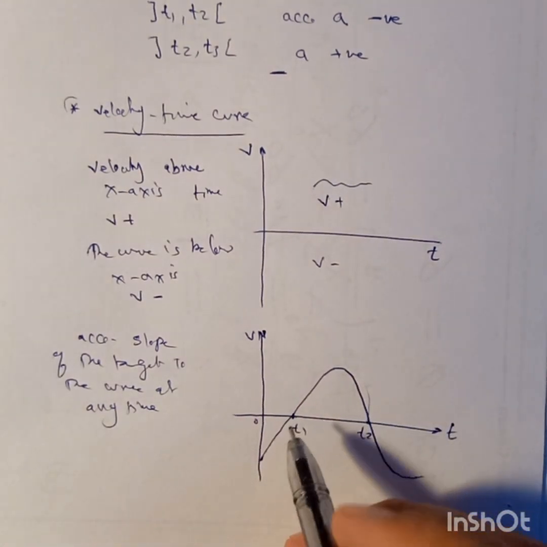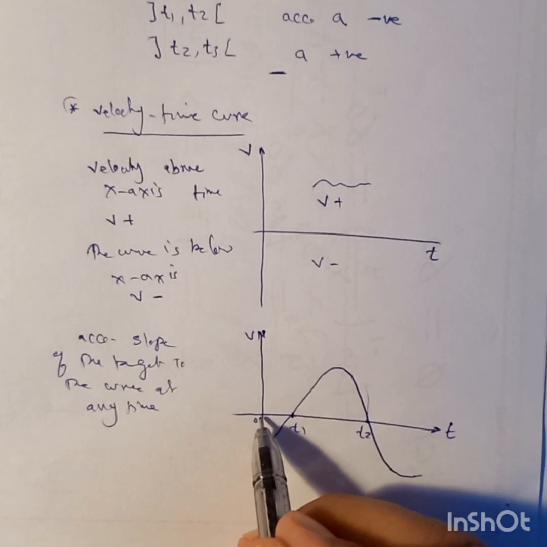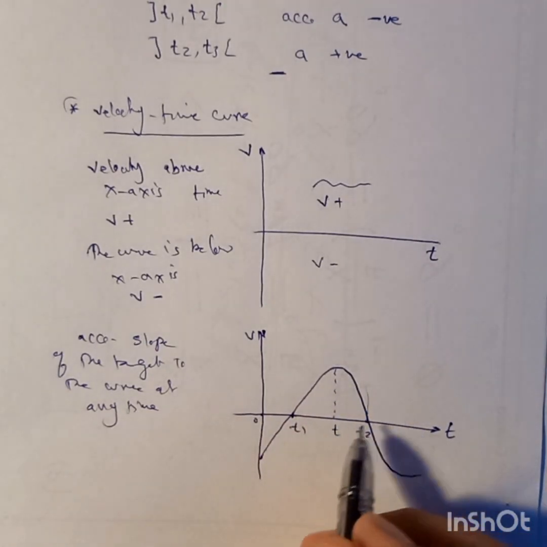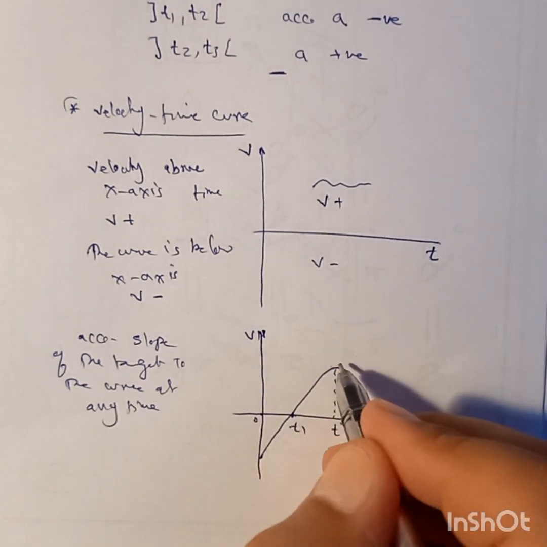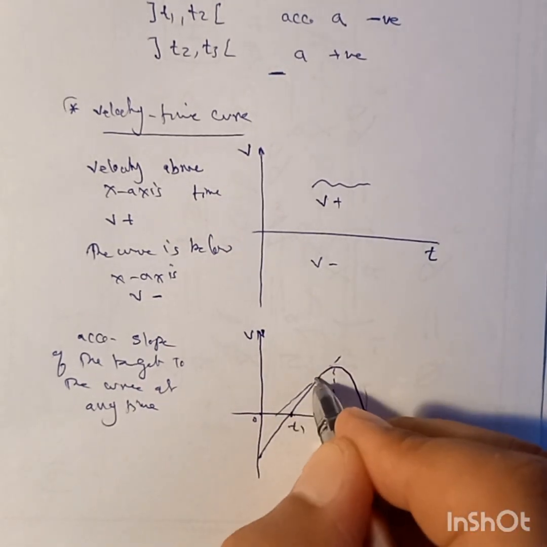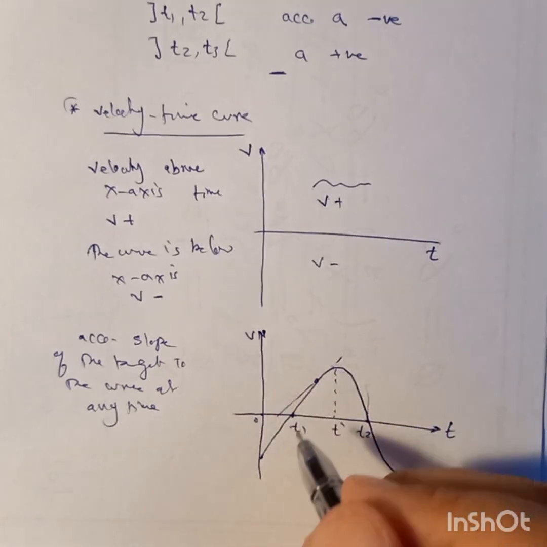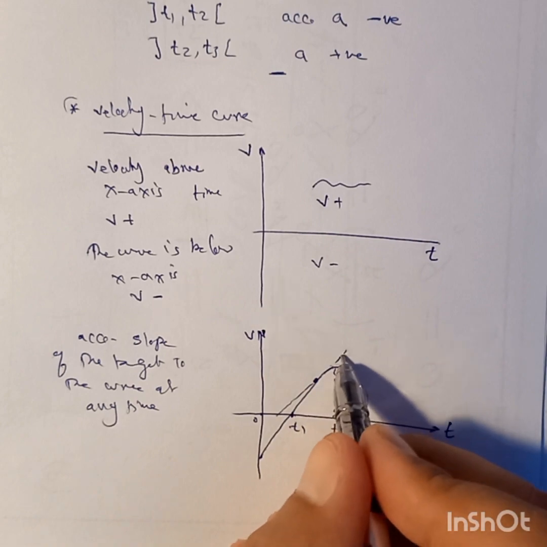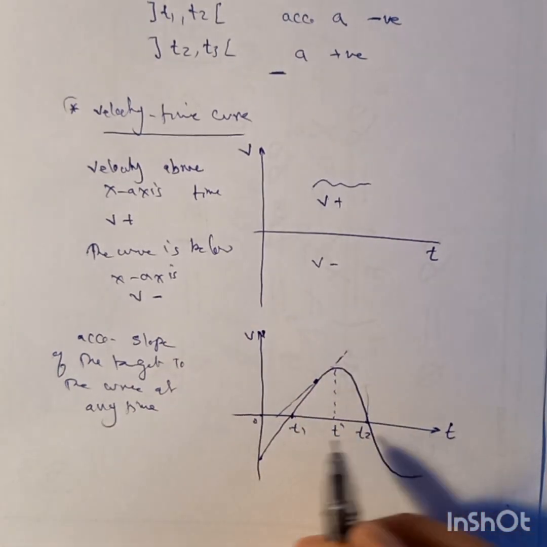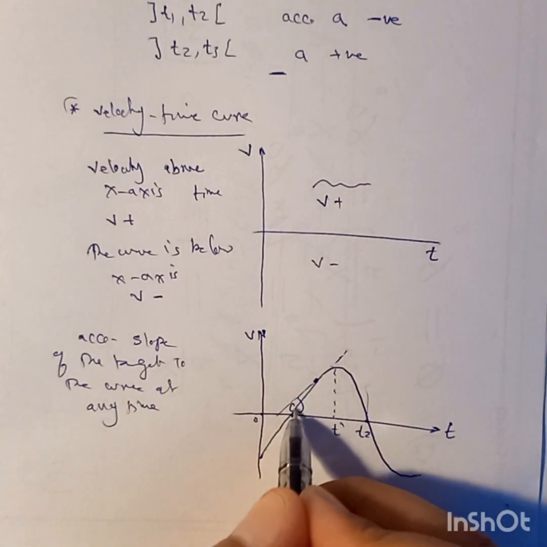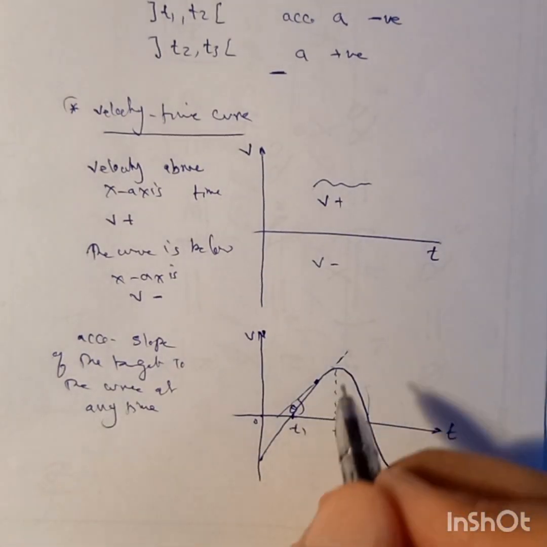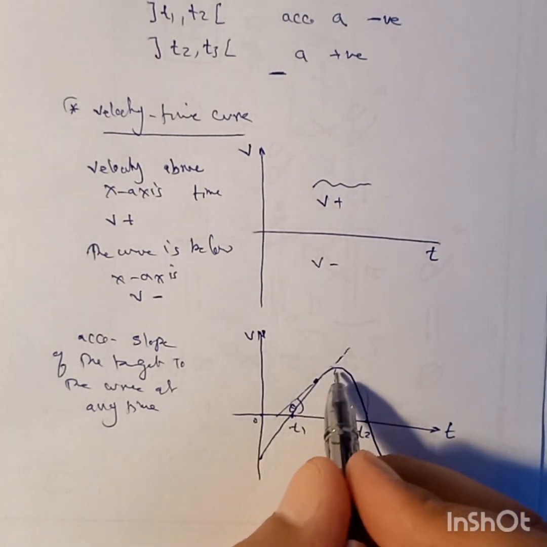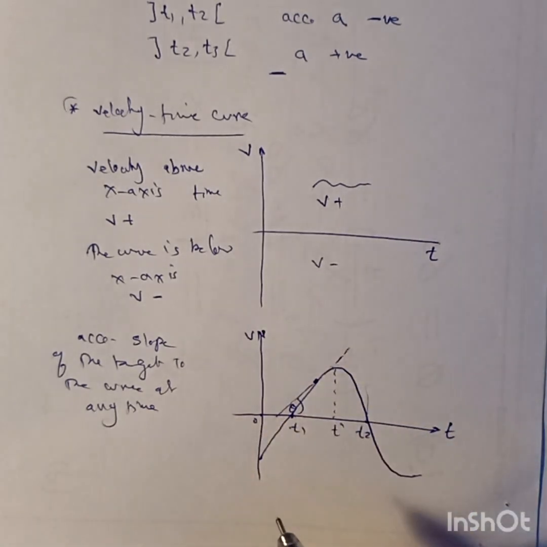For example, during a time interval from 0 to, for example, t dash, if we draw any tangent here during this time interval, then the slope of the tangent is positive as the angle theta made by this tangent with the horizontal x-axis is acute, and consequently acceleration during this time interval is positive as well.